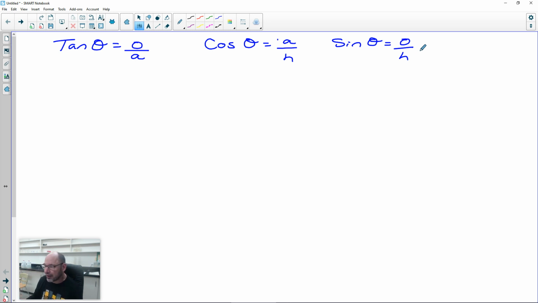Now, before we do a summary, we should probably do finding the hypotenuse. So, the formula for finding the hypotenuse.